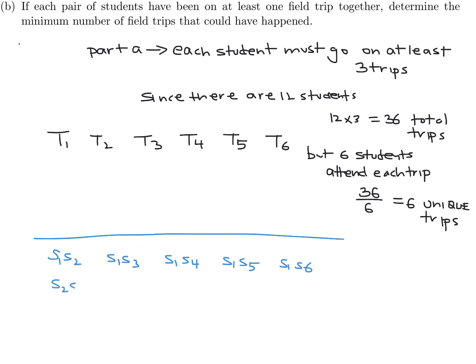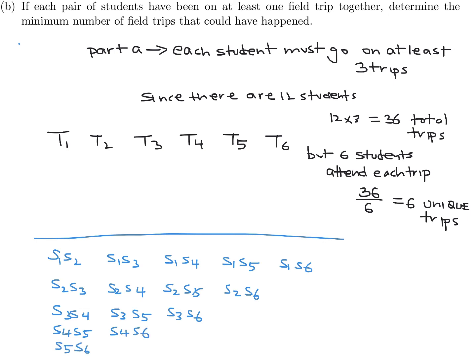This is just the list of pairing. Another pairing, S2 and S3, S2 and S4, S2, S5, S2, S6. And then S3 with S4, S3 with S5, S3 with S6. We got a few more, S4 with S5, S4 with S6, and then finally S5 with S6.